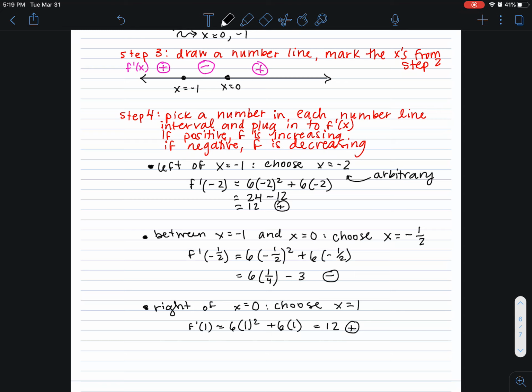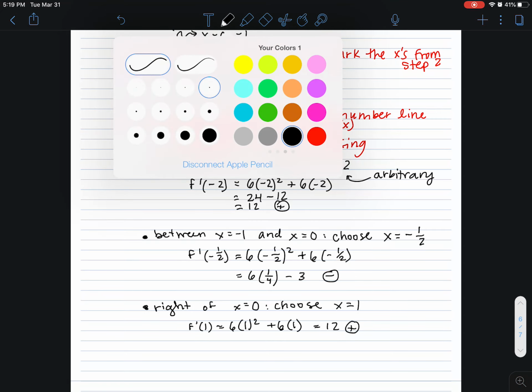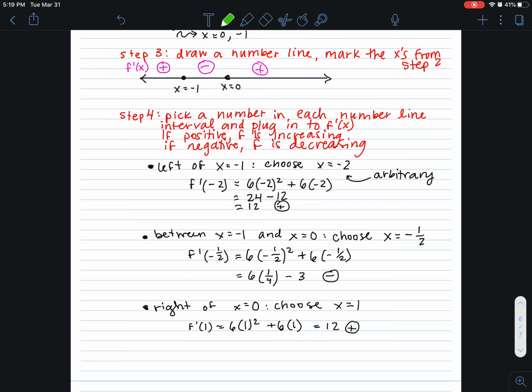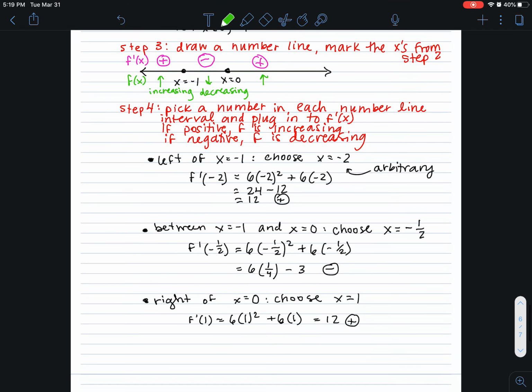Okay, and so now we can talk about increasing or decreasing. The function f of x, not f prime of x anymore, looking at our number line, is increasing. I'm going to use a little arrow for increasing, where f prime of x is positive, decreasing where f prime of x is negative, and increasing, again, where f prime of x is positive.